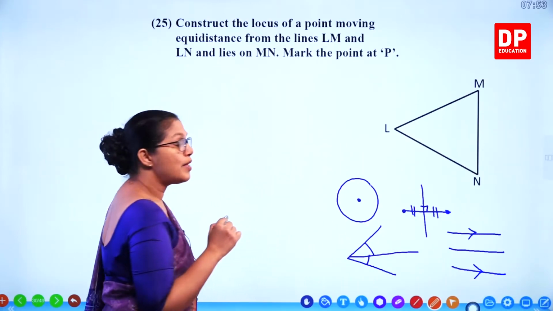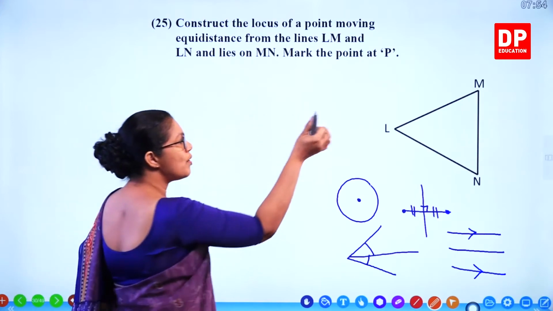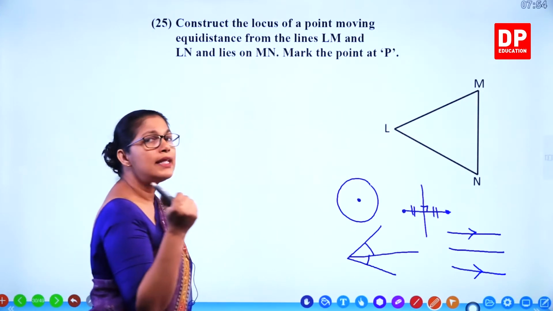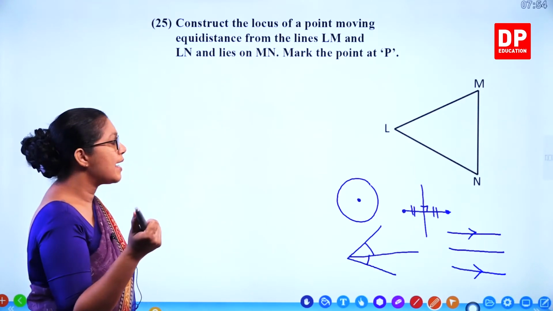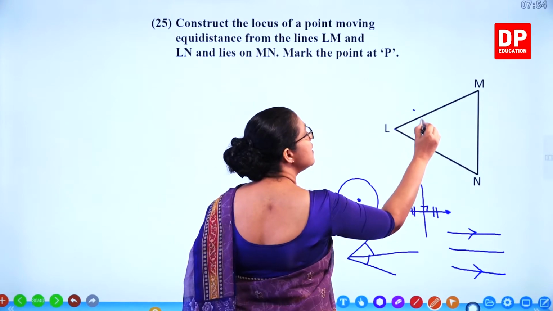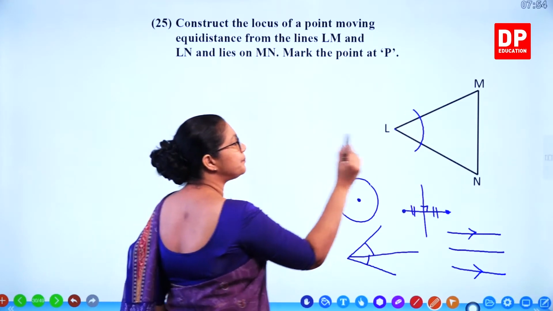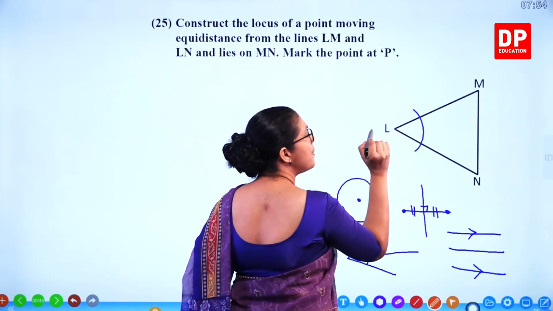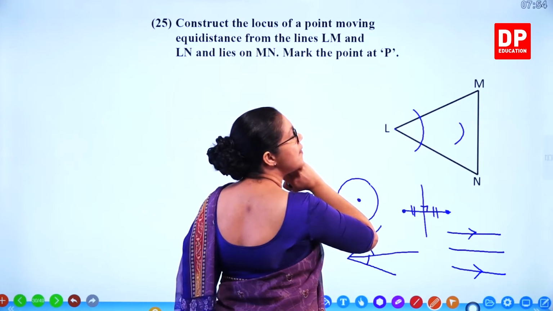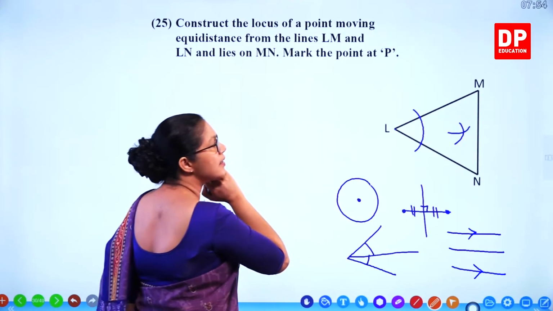So which one you need to do now? Angle bisector, because 2 lines are given, LM and LN. You have to draw the angle bisector. So how do you draw the angle bisector? You can take the compass and take any distance, draw an arc. Then you keep the compass here and you can draw another arc here. With the same distance, you draw another arc here.